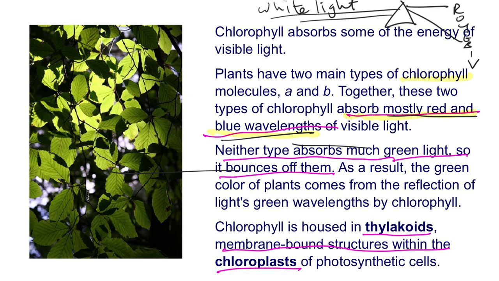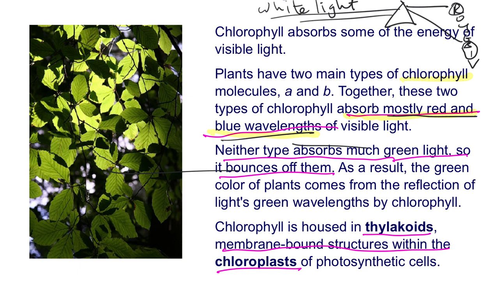And chlorophyll just picks out the red and the purplish blue colors. It reflects green light. That's why a plant looks green.